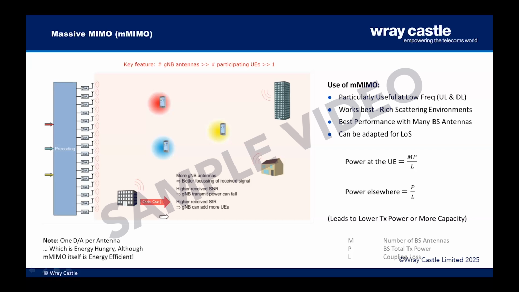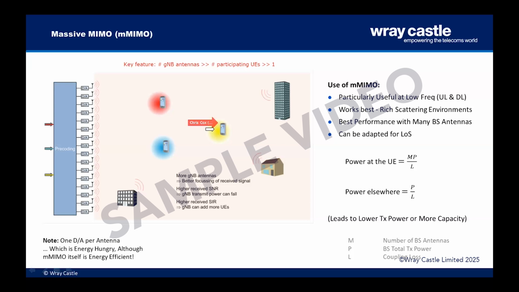And the second issue is that if you start adding other participating mobiles in a multiple user MIMO situation, those mobiles will get a higher received signal to interference ratio, because this yellow mobile here is picking up less interference spilled from the red mobile up at the top. So we can add mobiles in without worrying.